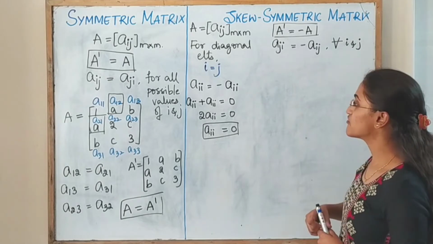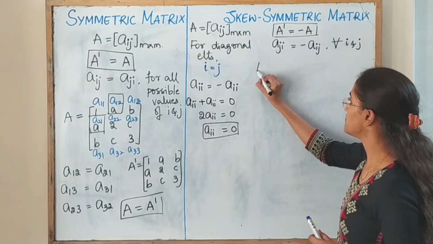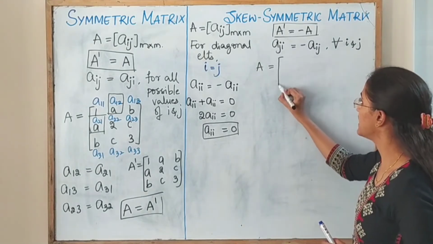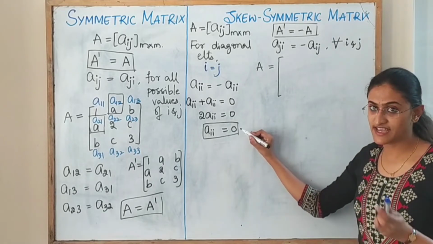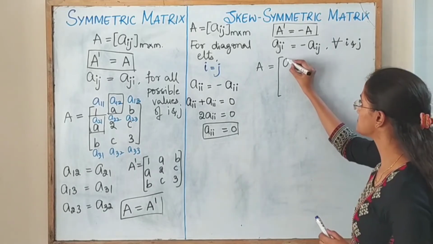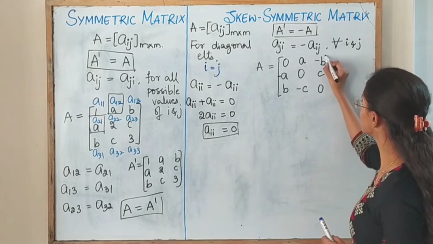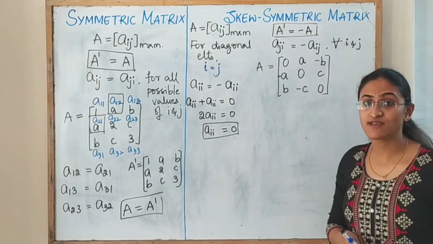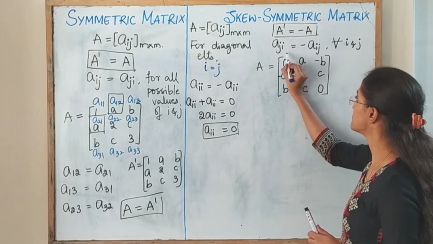Now we shall look at a small example. If we take an example A, already we know that the diagonal elements are 0. I'll also write the positions of the elements.